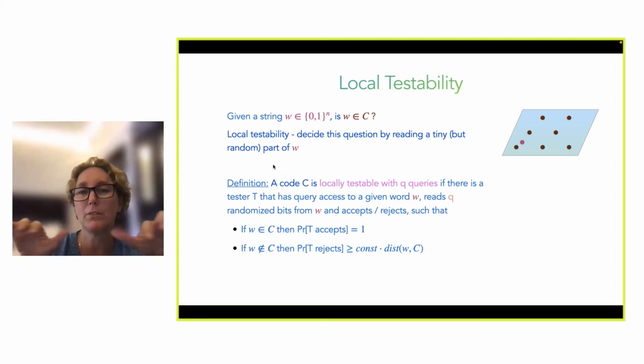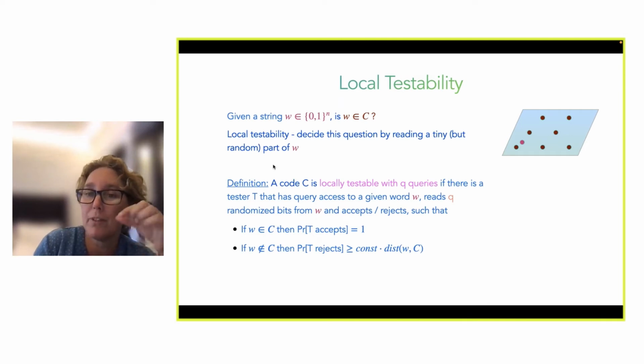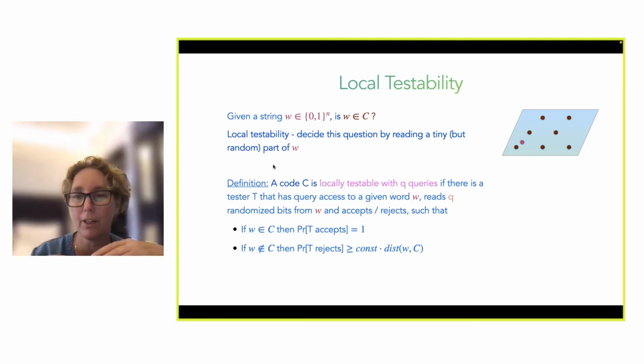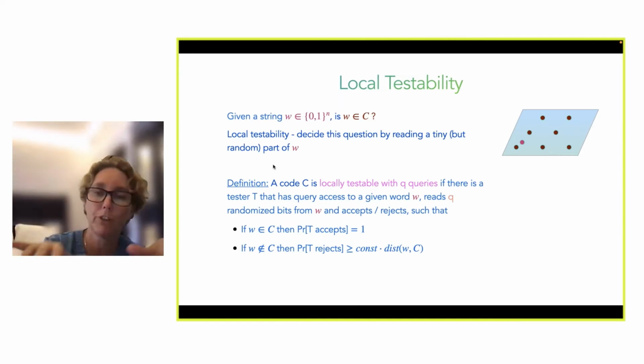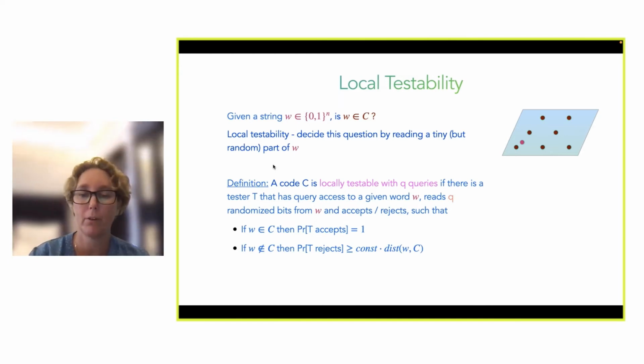Suppose you had an n-bit string that was in the code, and then you flip just one bit. Now it's not in the code. The local tester, since it's only looking at a tiny part of your word, is not going to tell the difference. So the only fair thing to request is that the probability that the tester says no is proportional to how many bits were changed, to the distance of W from the code.